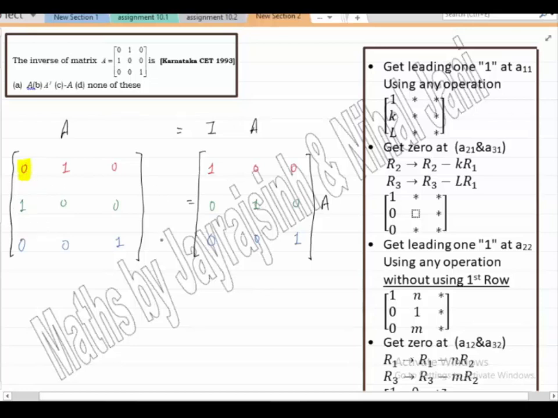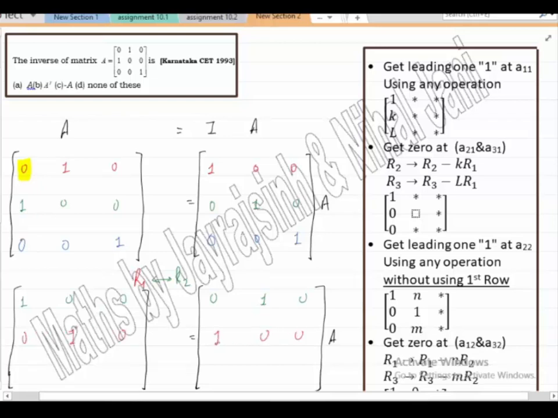So the preferable option is, let's interchange the first and second rows. So our first row will be 1 0 0 0 1 0, and the second row will be 0 1 0 1 0 0, and the third row will be as it is.